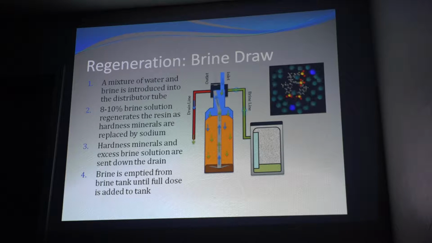What that does is it drives your higher regenerated resin lower and lower in the tank because you have a more extended period of time with the brine.